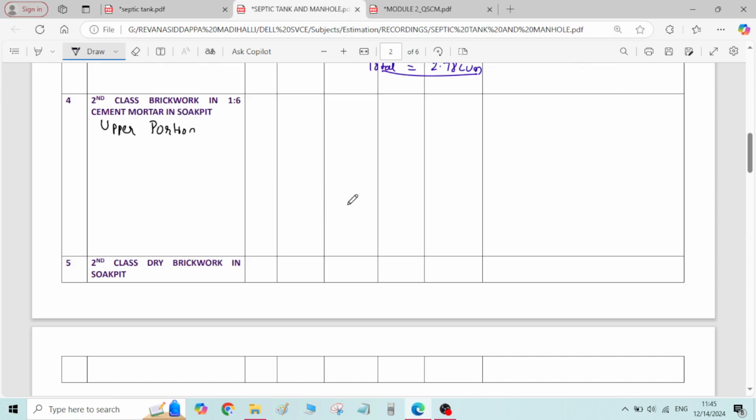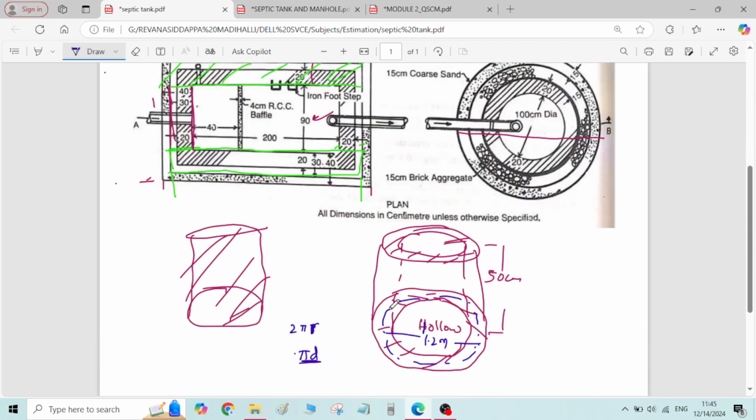D is equal to 1 plus 0.2 by 2 plus 0.2 by 2. 1.2 meter is the mean diameter. Knowing the mean diameter, we calculate the total length or total perimeter. You have the formula pi into d, pi into 1.2, which will give the total length of the circle.